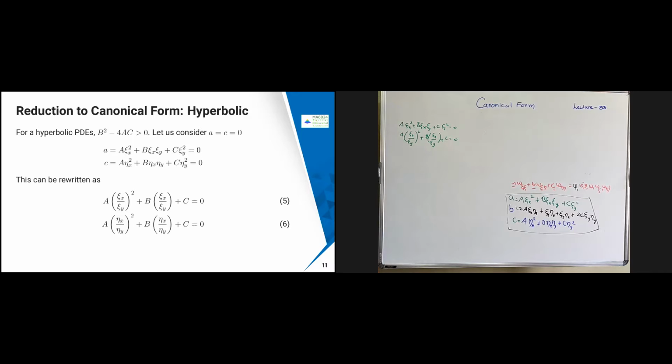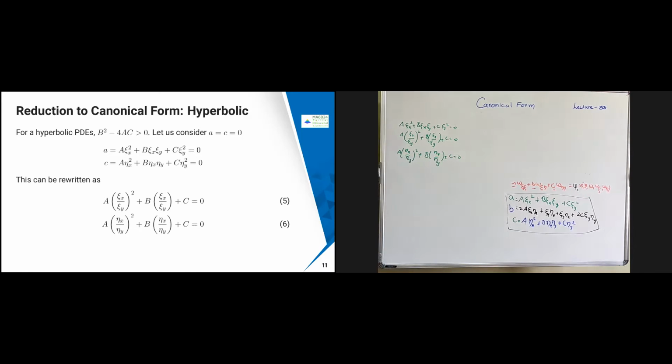Similarly, I can write the same for eta: A (eta_x/eta_y) squared plus B (eta_x/eta_y) plus C equal to 0.